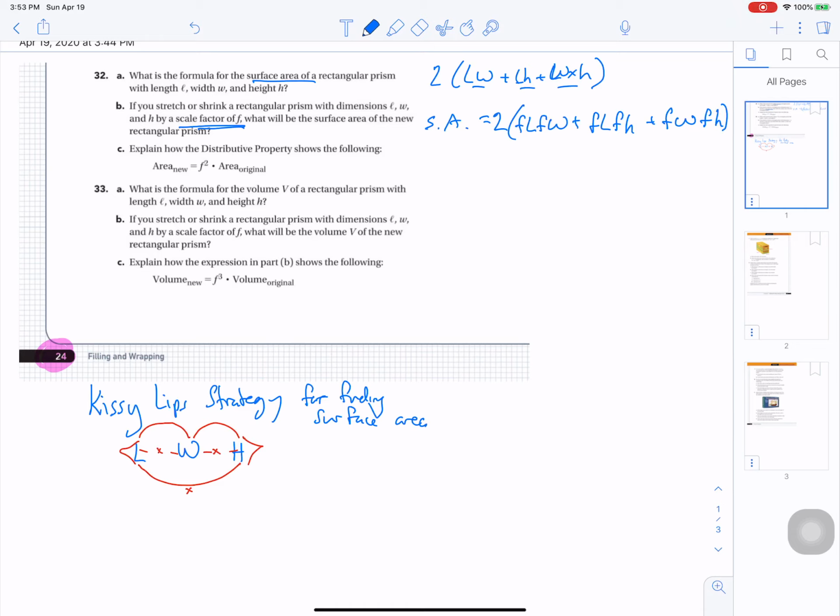So it's much more involved, because every side, if you have length times width, for example, is multiplied times the scale factor.